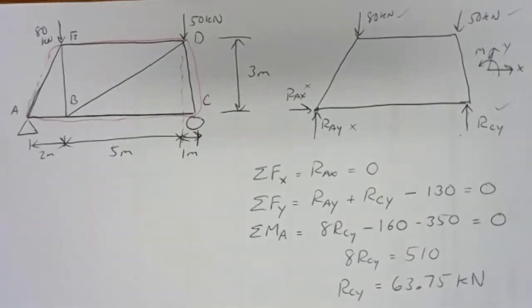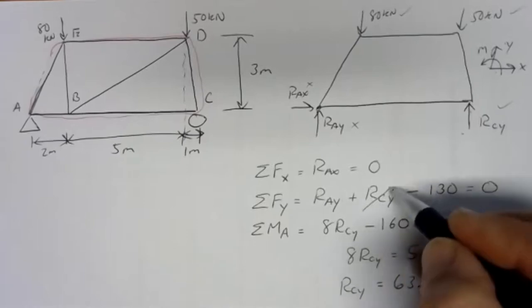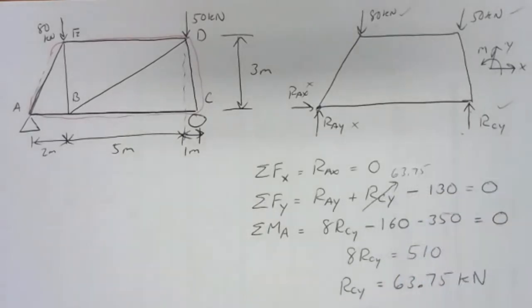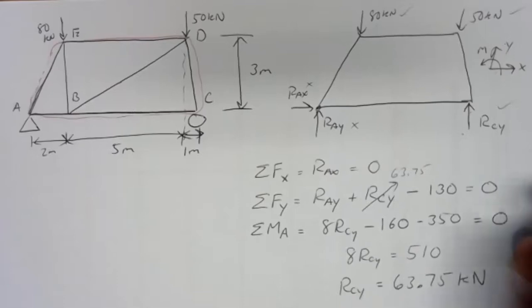Now that we know RCY, we can go into the Y direction equation and replace RCY with 63.75. And if we go and figure that out, we've got 63.75, we got minus 130. That means RAY has got to be 66.25.